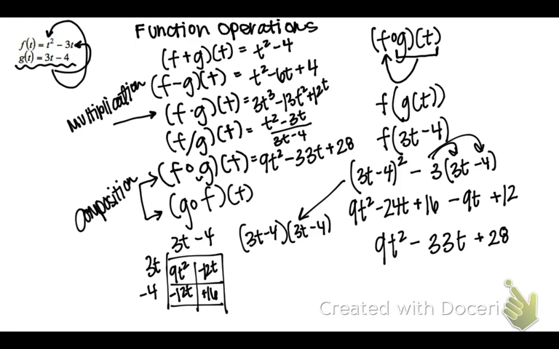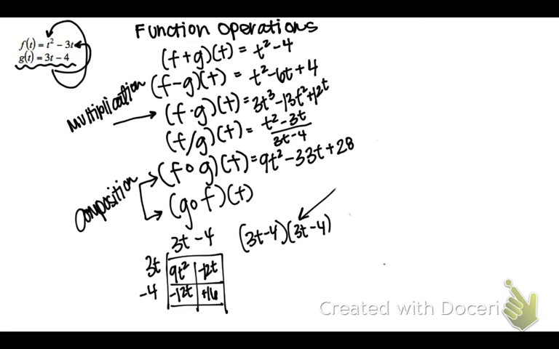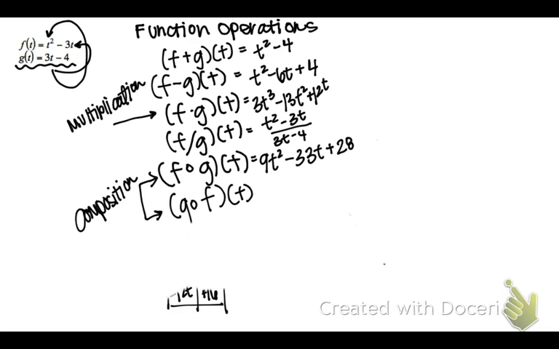In this case, it was g. We're going to do it now, but the opposite way. So if we do g of f of t, we're now plugging it in the opposite way. That means I'm taking f of t and plugging it into g.